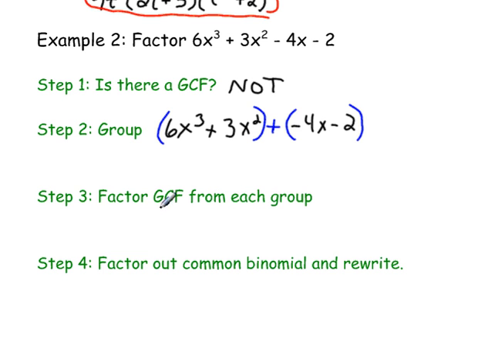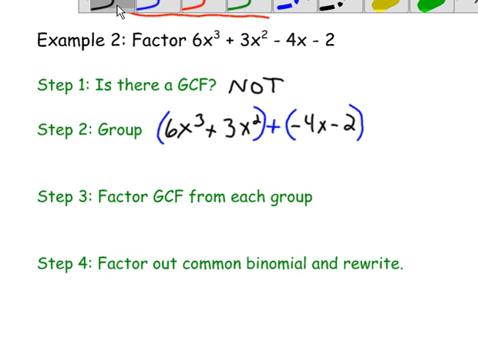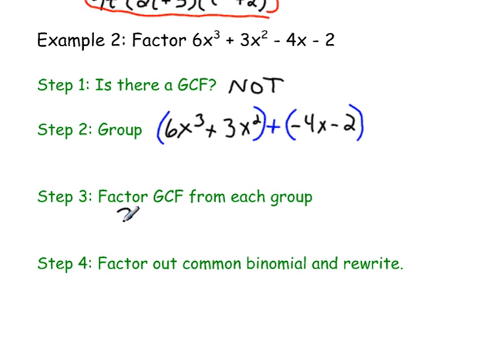Next thing is factor the greatest common factor from each group. What's the greatest common factor between the 6 and the 3? Is going to be 3. And x cubed and x squared is x squared. Okay.